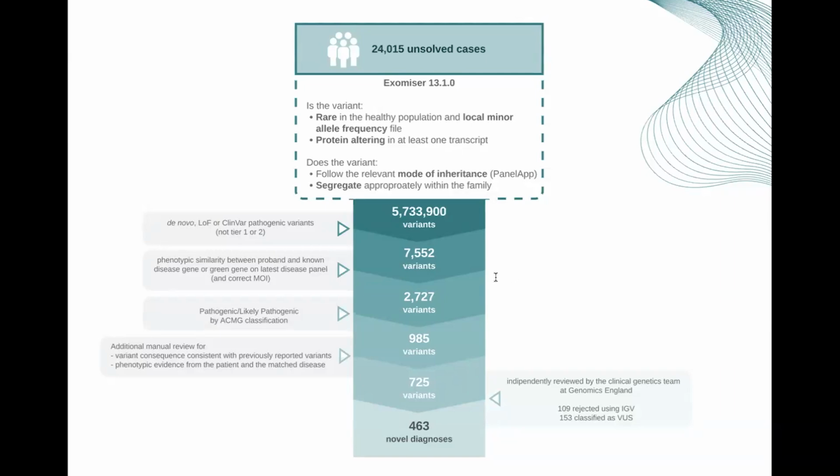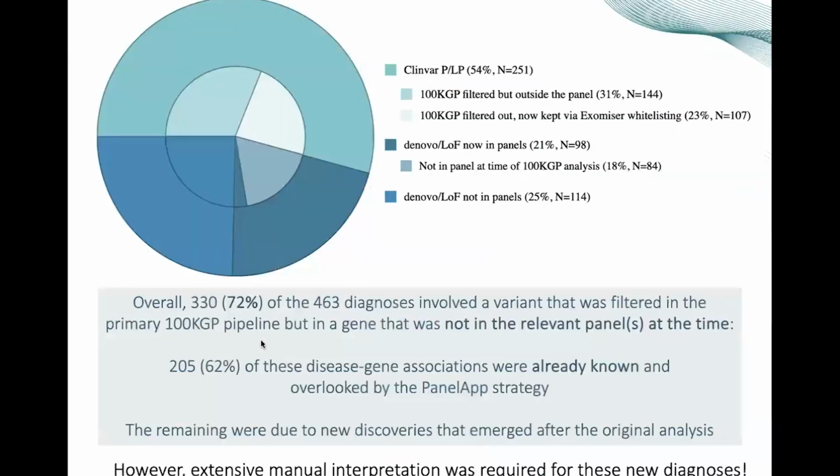Some of them, 153, remained classified as variants of unknown significance, and some were rejected based on looking at IGV. So this is a little summary showing that the majority of these new diagnoses were based on ClinVar pathogenic, likely pathogenic variants.